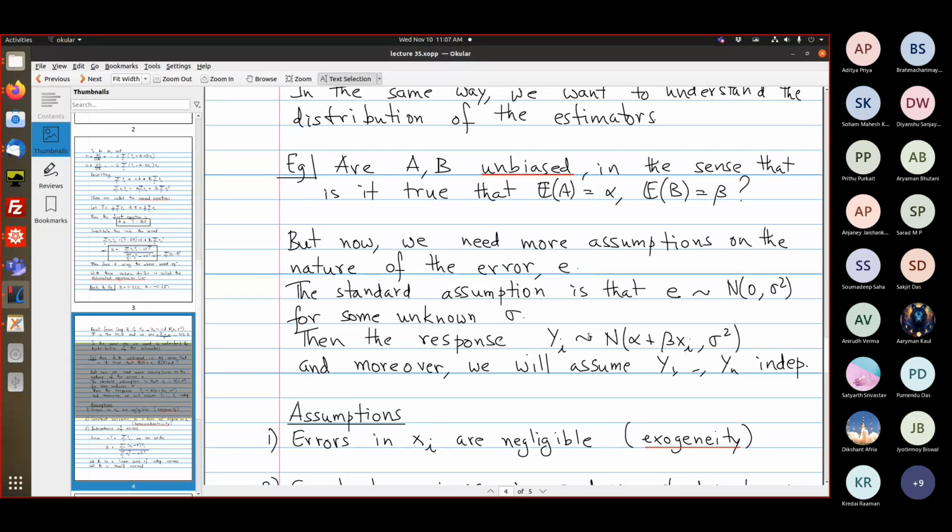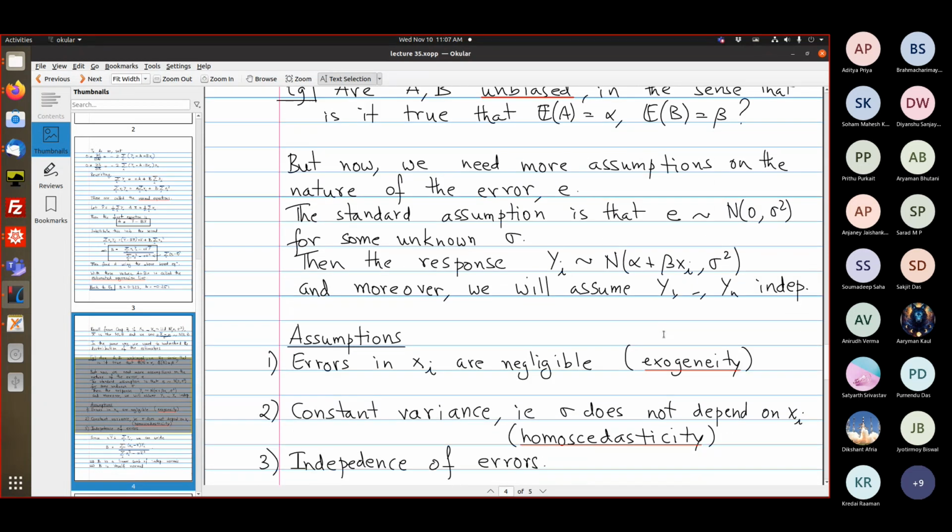So they are not IID because the means are different, but they are independent.